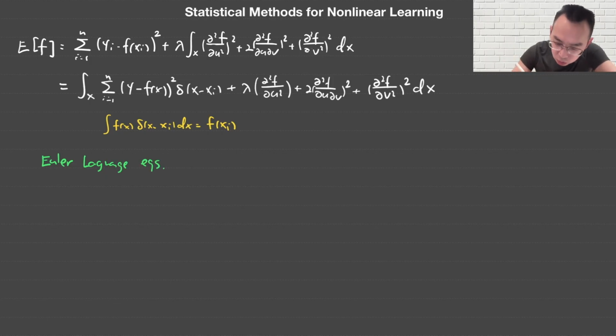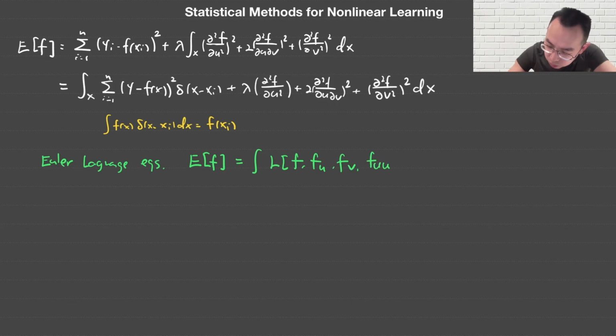It has this form. Suppose that the functional we want to optimize, E of f, can be written as an integral of L of f. The integrand can include f, the first derivative, let me just write this as u, the second partial derivative, and x.